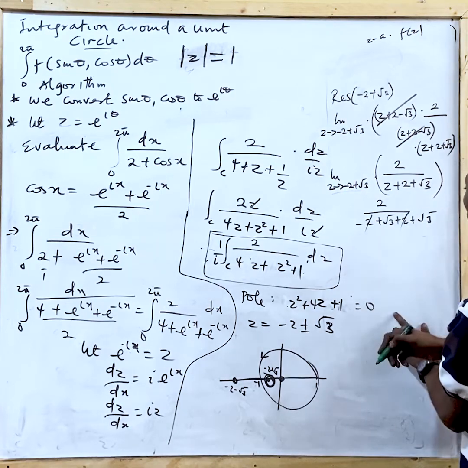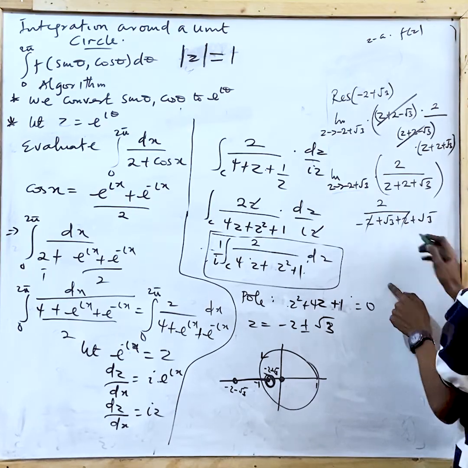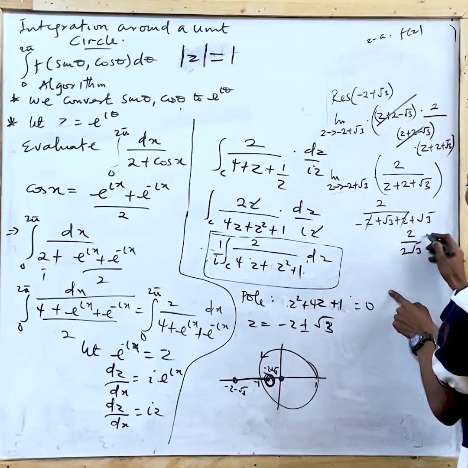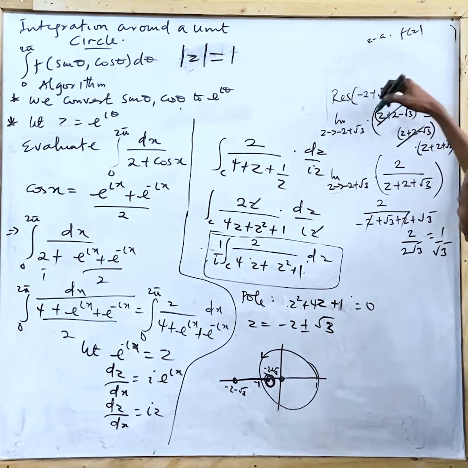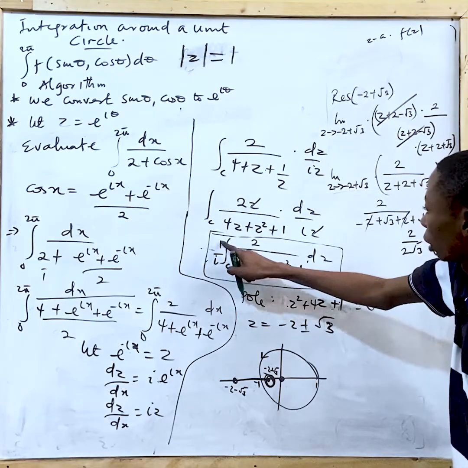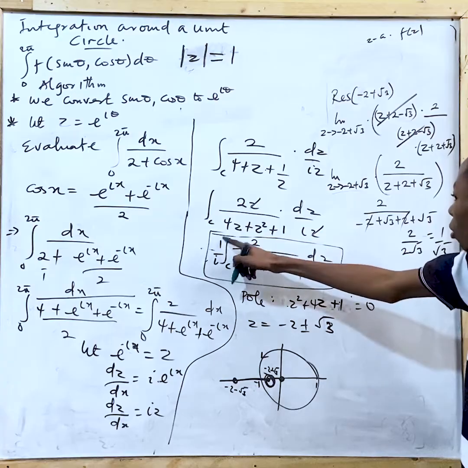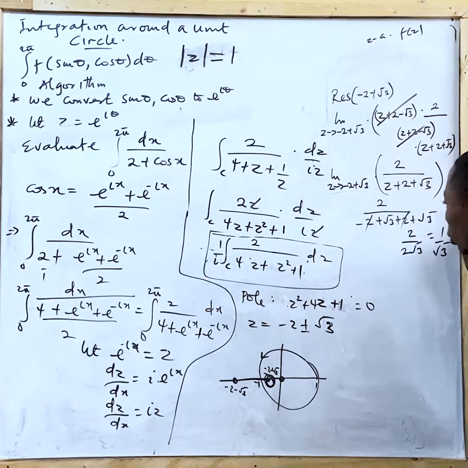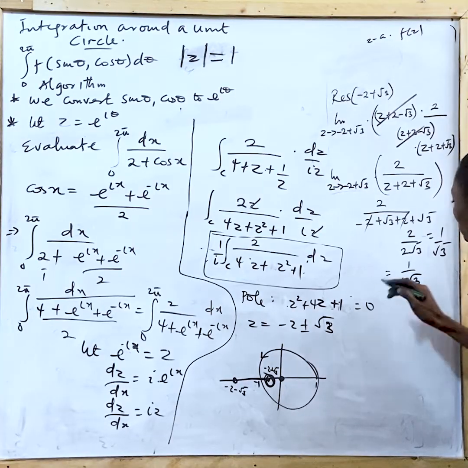So minus 2 cancels 2, root 3 plus root 3 is 2 root 3. 2 divided by 2 root 3 is 1 over root 3. And don't forget, we are multiplying whatever we are getting by 1 over i, so this will be 1 over i root 3.